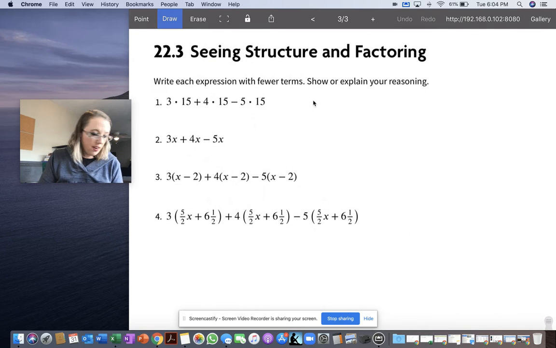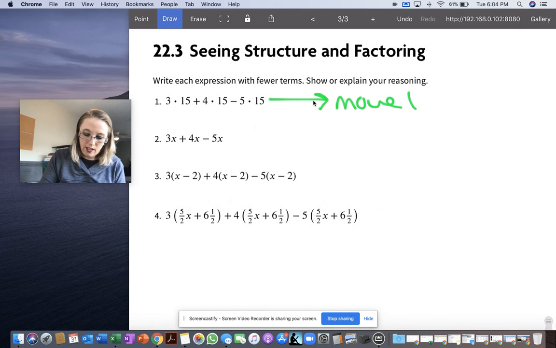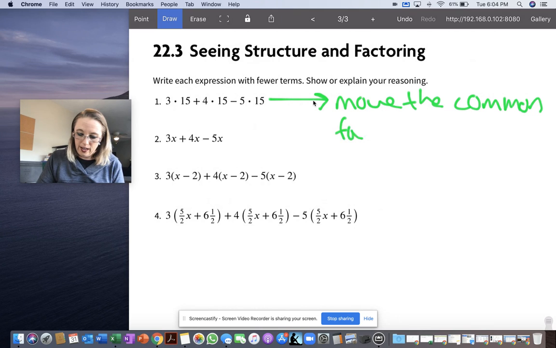Okay, so now for 22.3, we're going to actually write these with their factors in them. Okay, so number 1, you can see that there is a common factor of 15. So we're going to move the common factor 15 out of each term.